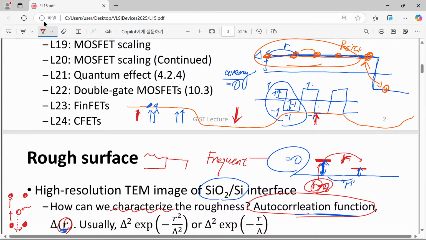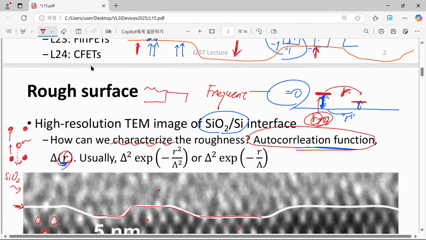Simply speaking, by calculating the autocorrelation function, when r is shorter than a certain characteristic length, we can expect the autocorrelation function to give a positive value.